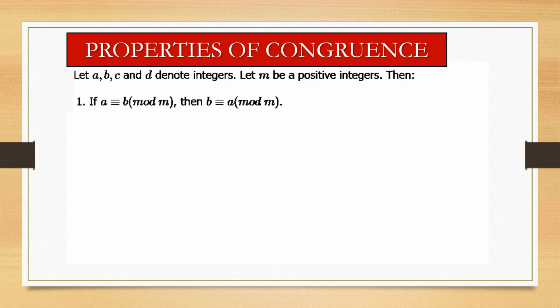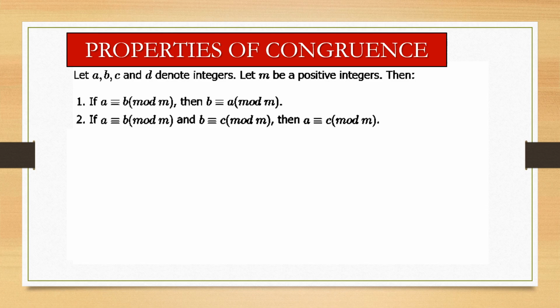First, if a, b, c, d denote integers and m is a positive integer, then if a is congruent to b modulo m, then b is also congruent to a modulo m.